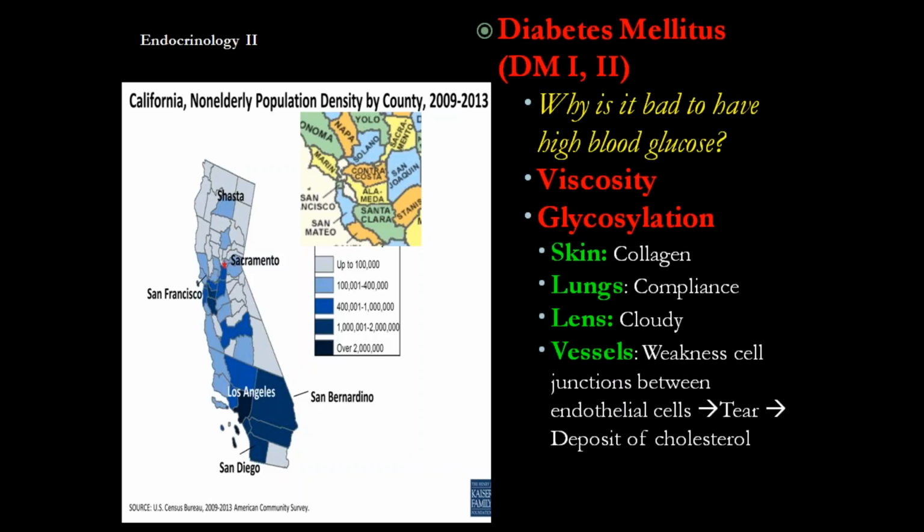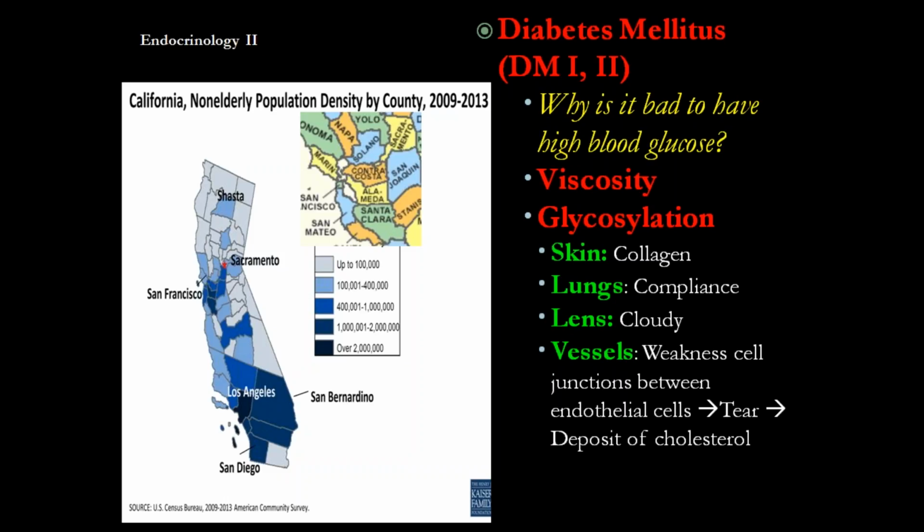Just to go straight, we are going to go into the vessels. In the vessels, we have the endothelium, and the endothelial cells have a strong attachment from cell to cell, desmosomes, whatever you want to call them.